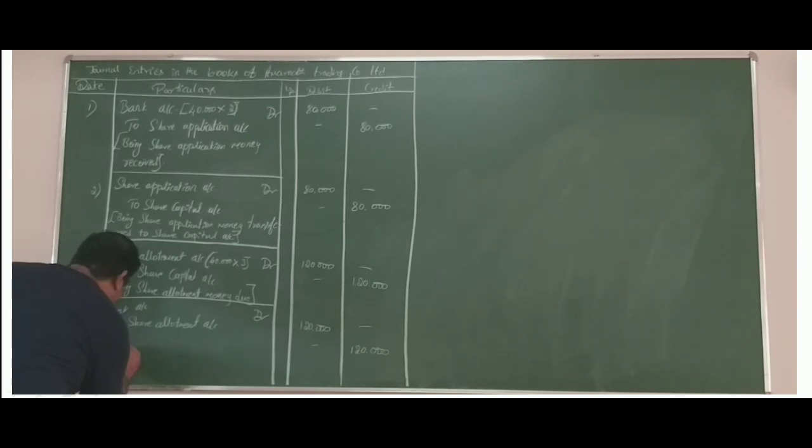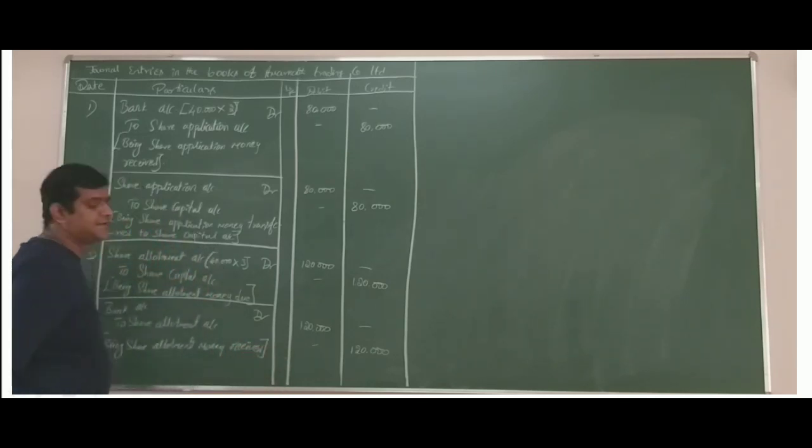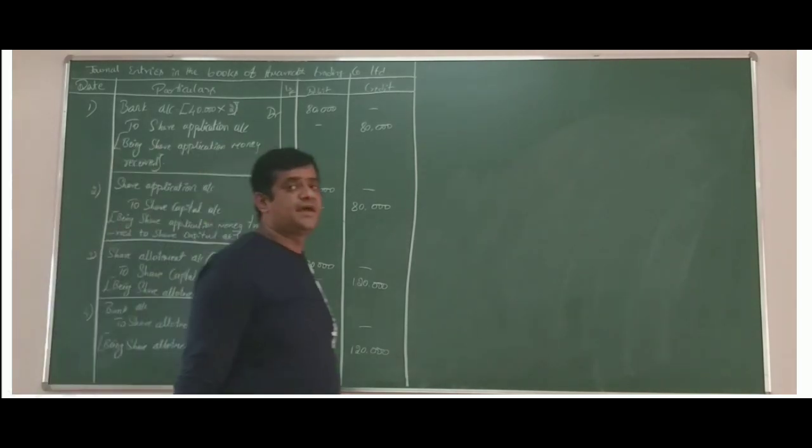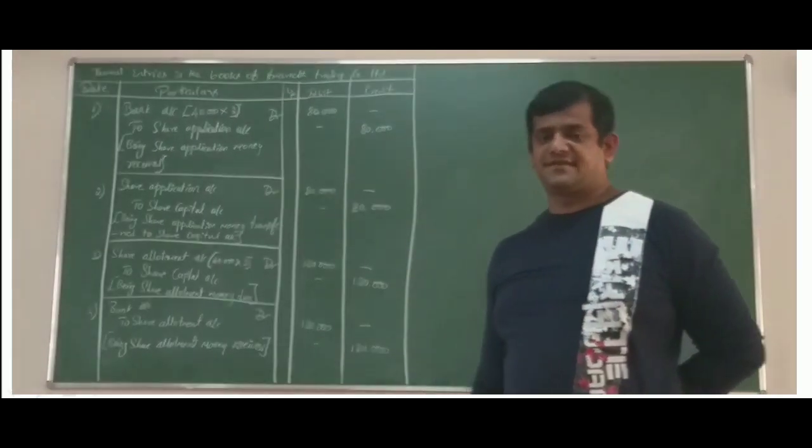So write the narration: being share allotment money received. Okay. So I am done with the allotment due entry and allotment receive entry.